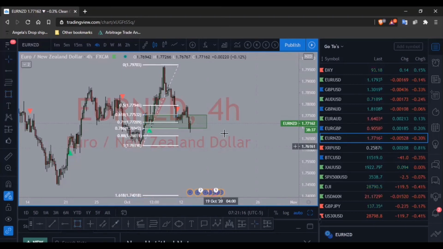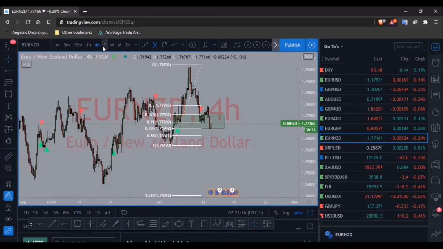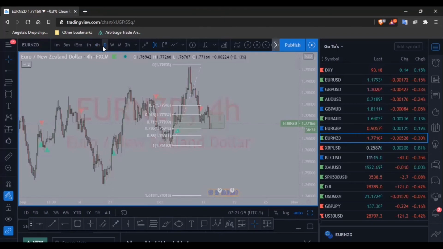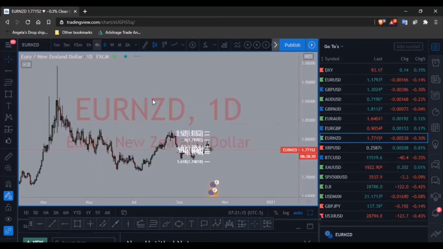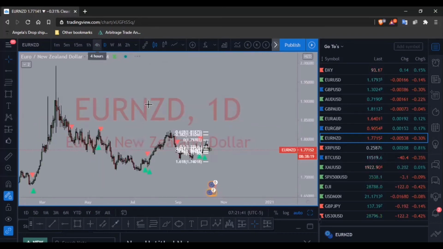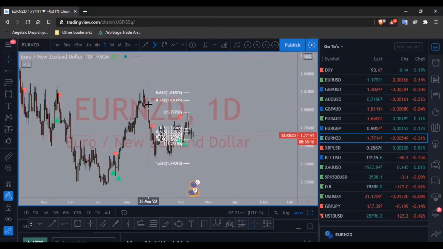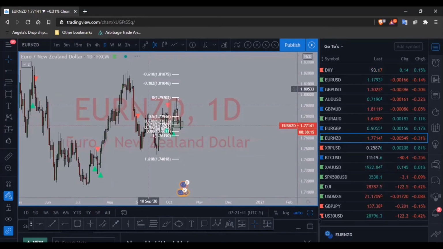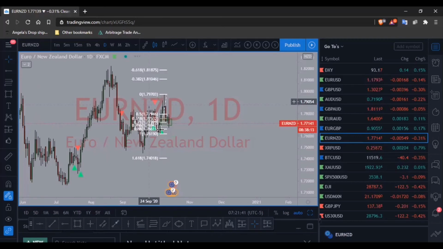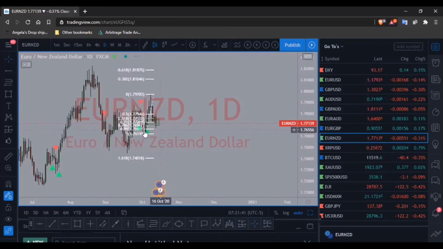Let me look at the daily time frame real quick as well. Because I don't like seeing those bearish engulfing candles on the 4-hour. I really don't. And arbitrage called for a buy, and this looks like the retest of that buy that it called.